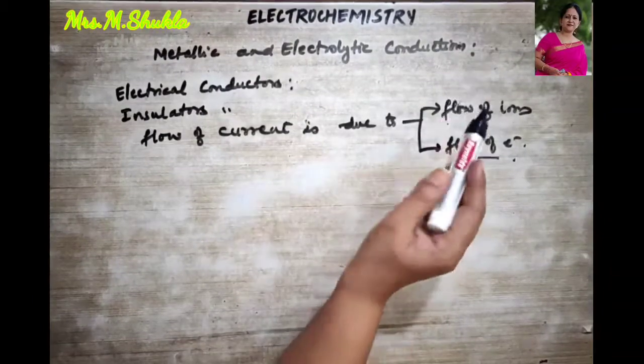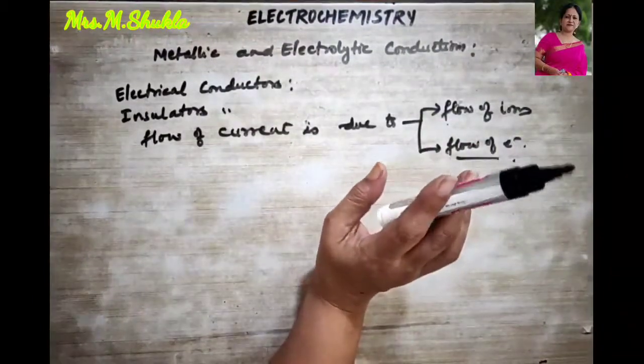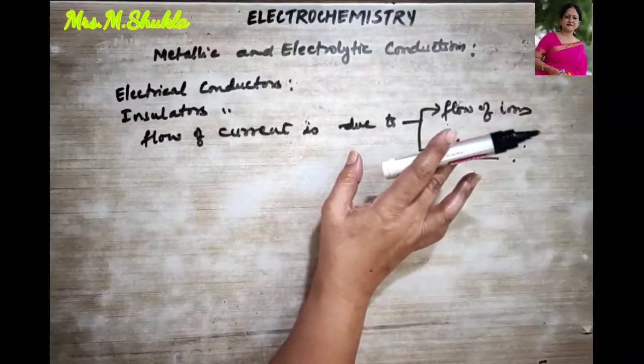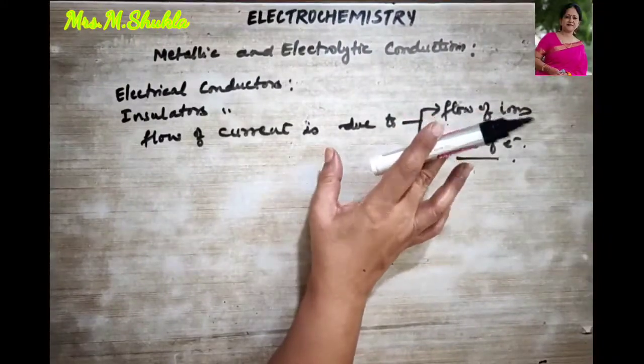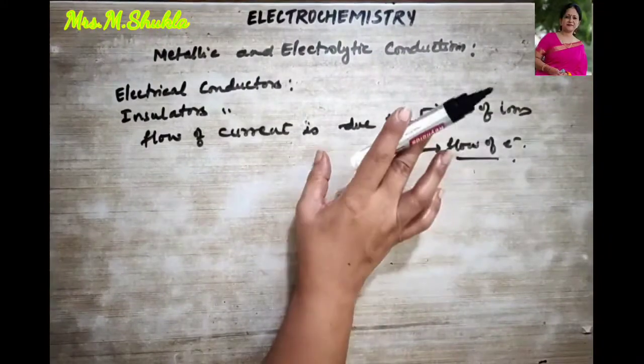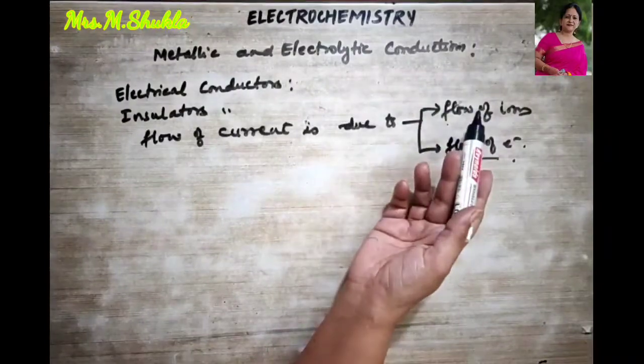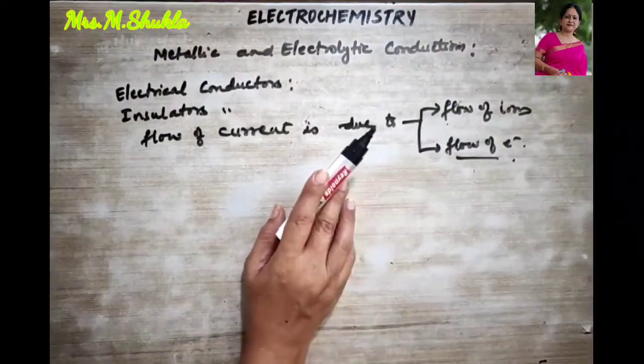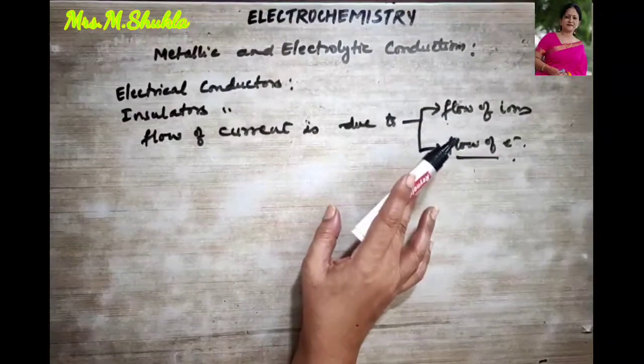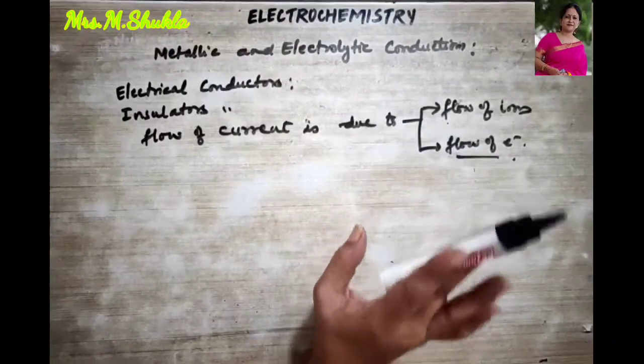Clear? So chemical change takes place here during the flow of the current. They allow current to pass through them either in the fused state or in the aqueous state, but they never allow the current to pass in their solid state.